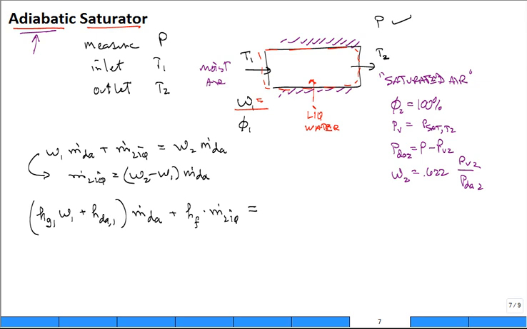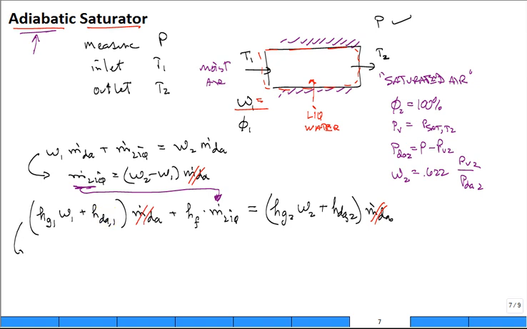Guess what we're going to eliminate? This right here is going to go away in a second. Let me finish the equation though. What about going out? H of G going out times omega 2 plus H dry air going out, times M dot dry air. Cancel M dot dry air. It's in all of the terms. Cancel M dot dry air here, cancel it there, cancel it there.